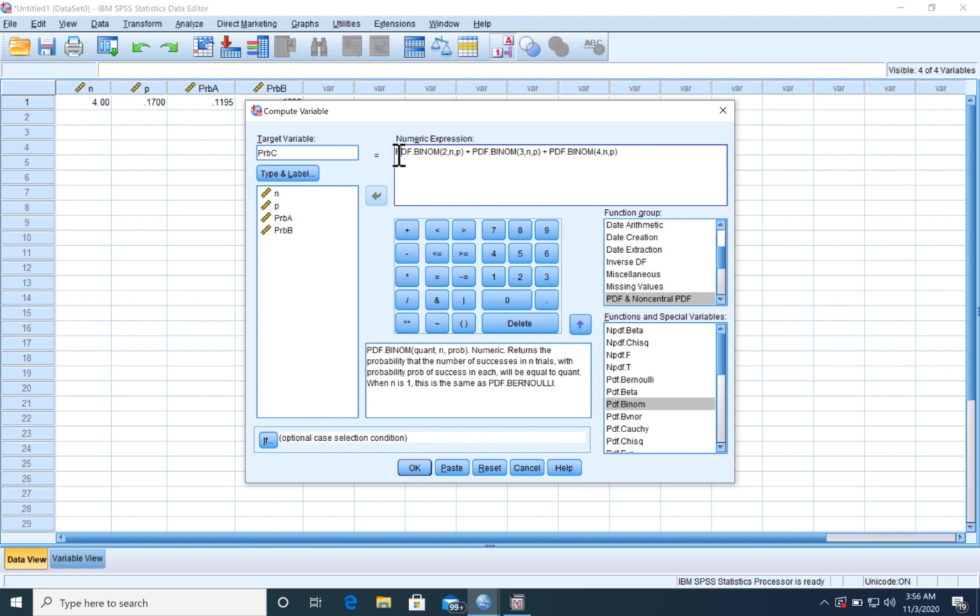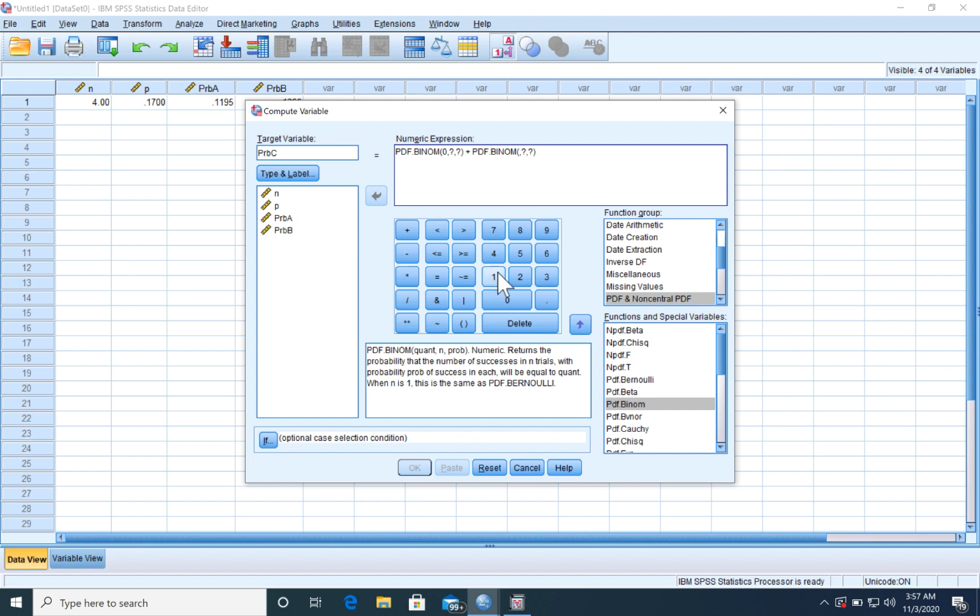Let me delete it for you. Same thing, go to PDF, non-central PDF, PDF binom. What we need to do is get the probability of 0 of them saying yes, plus the probability of 1 of them saying yes.